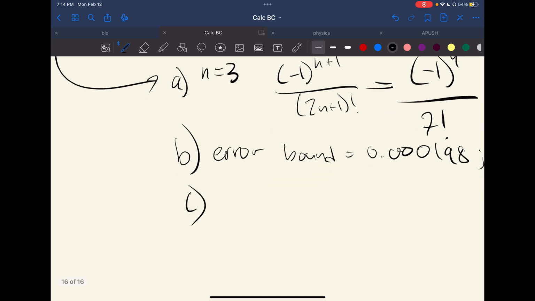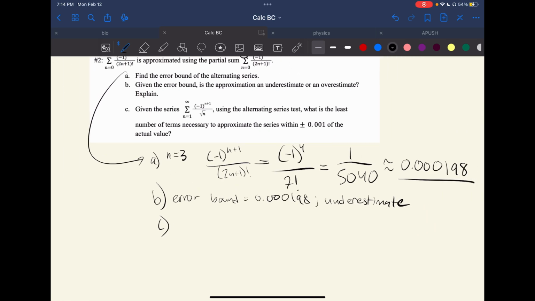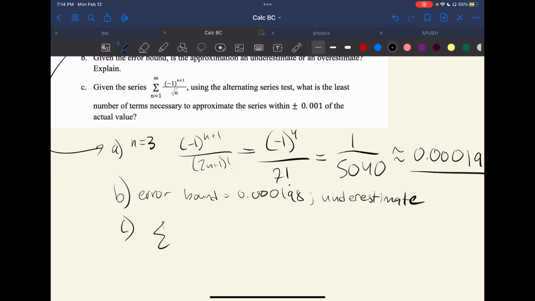And then this one's kind of a separate question. It's asking, given the series, negative 1 to the n plus 1 over root n, using the alternating series test, what is the least number of terms necessary to approximate the series within 0.001 of the actual value?